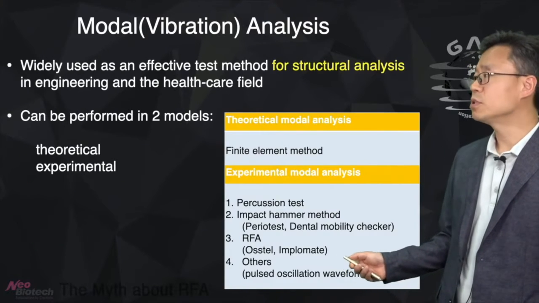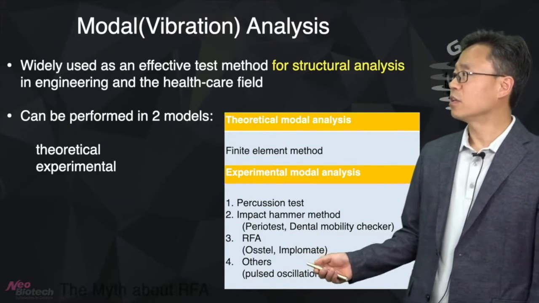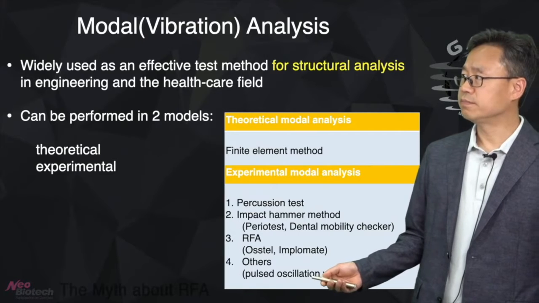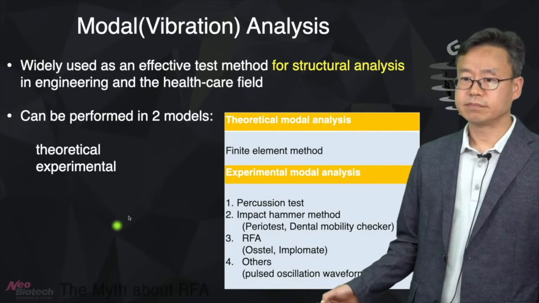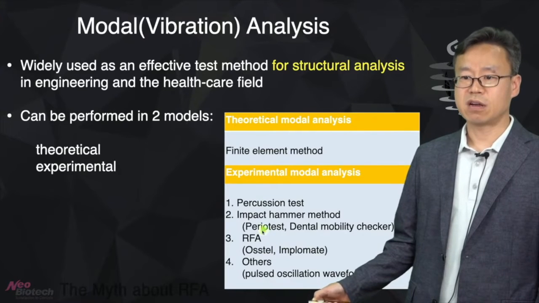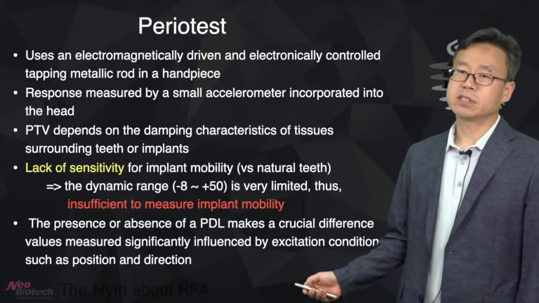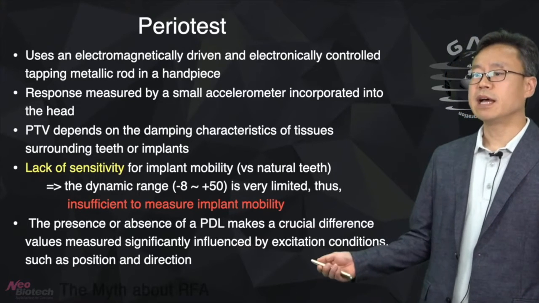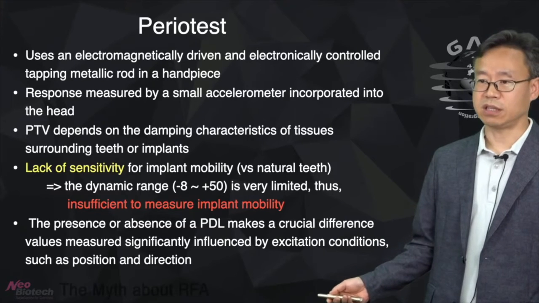There are two most popular methods in something called vibration analysis. One is Periotest, and the other is RFA. People have been using Periotest to assess the mobility of natural teeth.